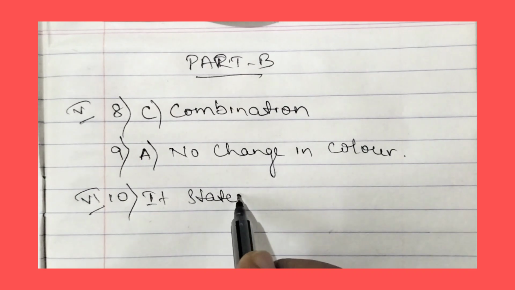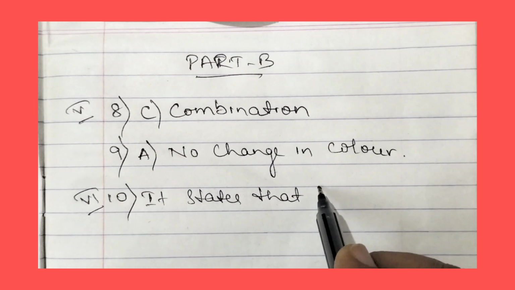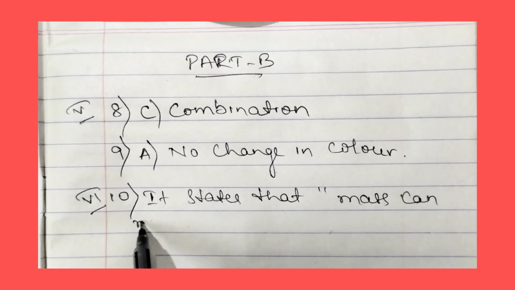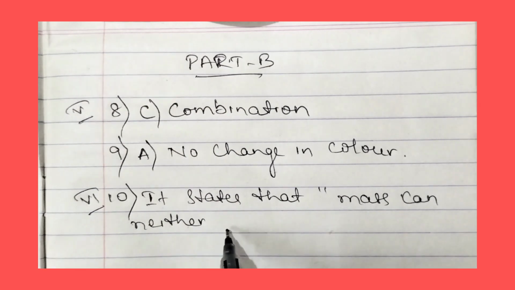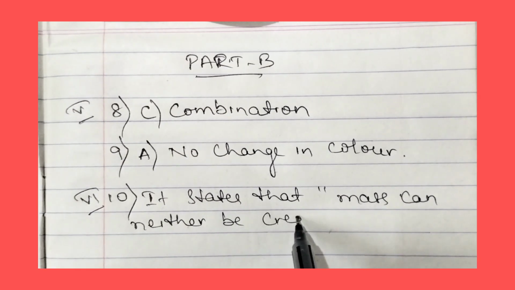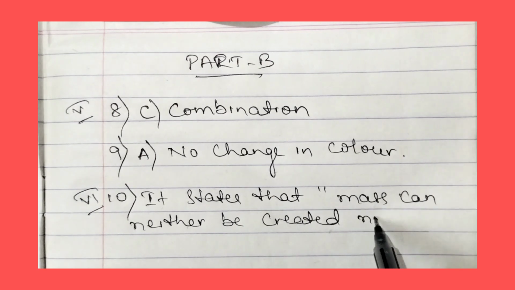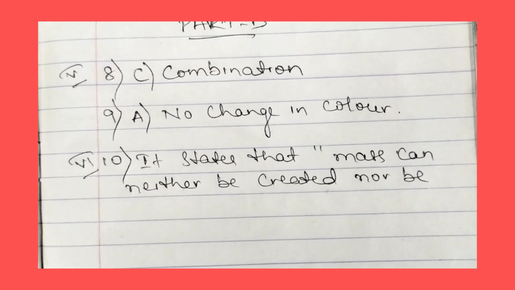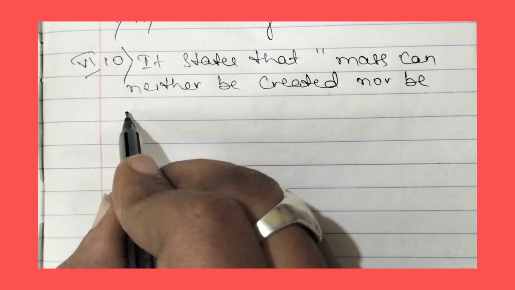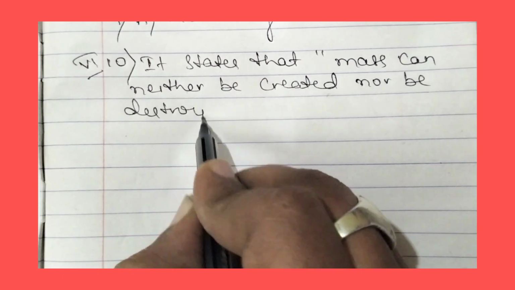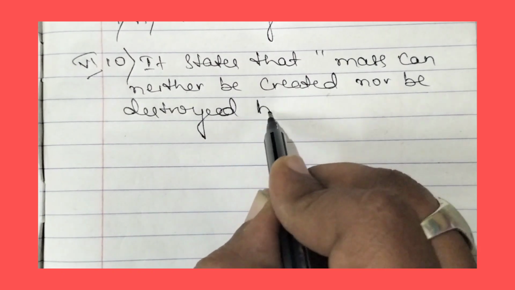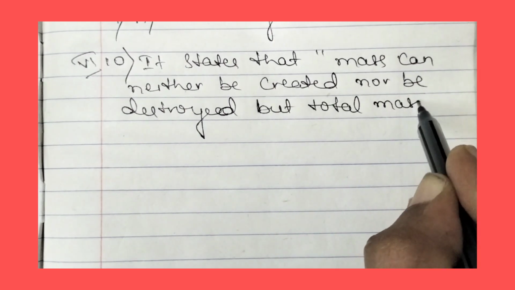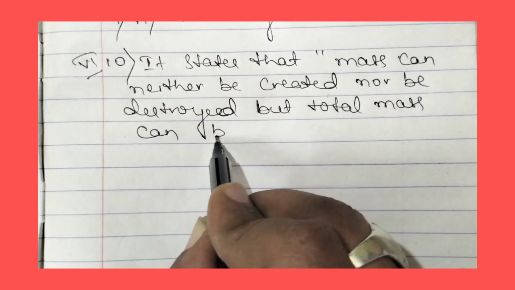It states that mass can neither be created nor be destroyed, but total mass can be conserved.